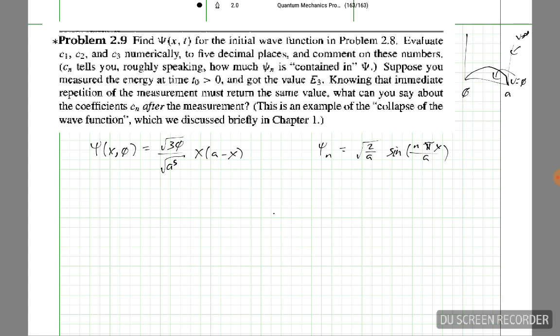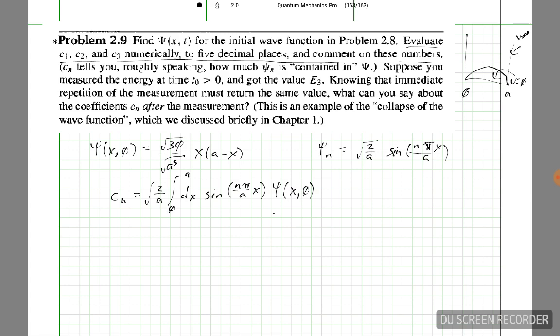So for this one, we want to evaluate these Cn. Forgive me if I forgot exactly what page these are on in Griffiths, but it is in chapter 2. These are our normalization constants, and we get those by integrating over x our sine wave, which is our general solution to the Schrödinger equation, times our initial condition psi.